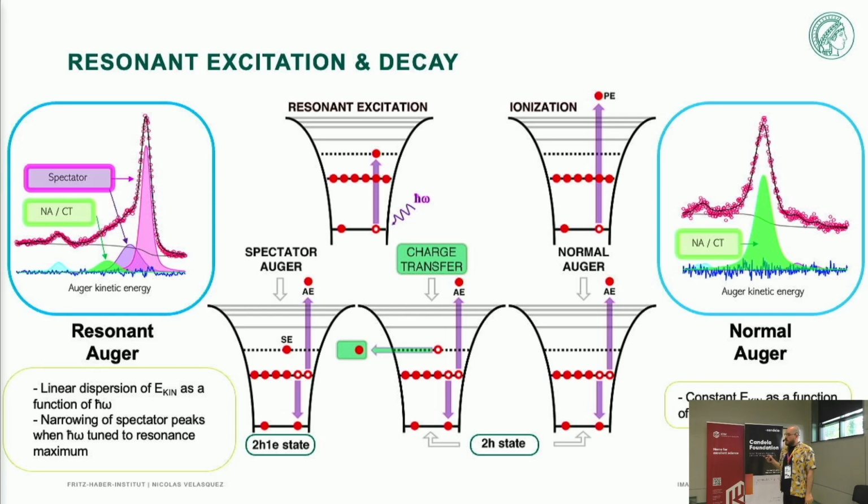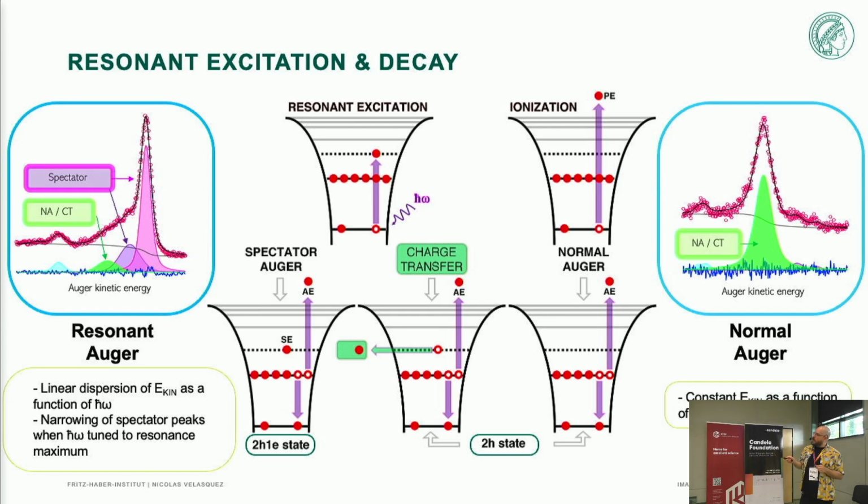The first one will be resonant Auger decay, and we will emit a resonant Auger electron, and this electron is going to be blue shifted because of the screening action of the spectator electron. And secondly, because we are operating under Raman conditions, the kinetic energy is going to disperse linearly as a function of the incident photon energy. If you look at a 2D map, the line is going to be diagonal.